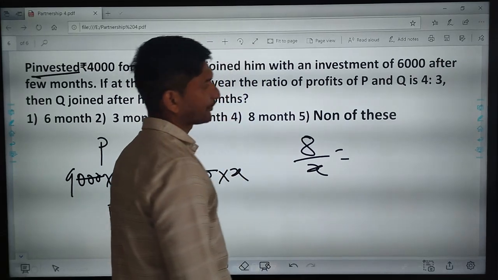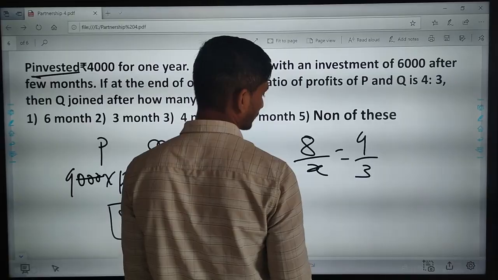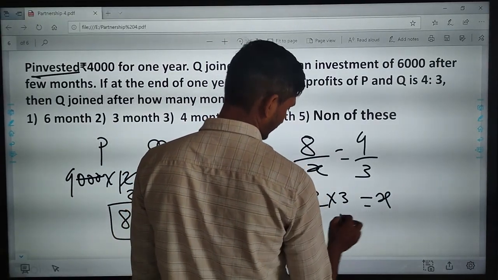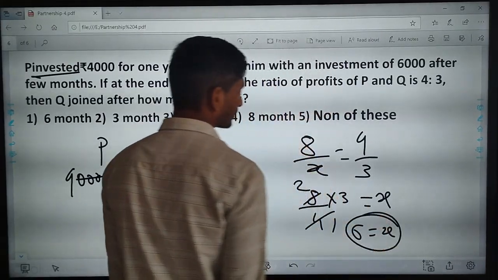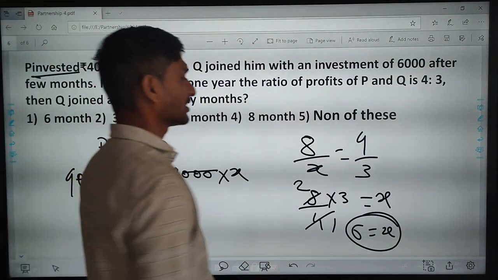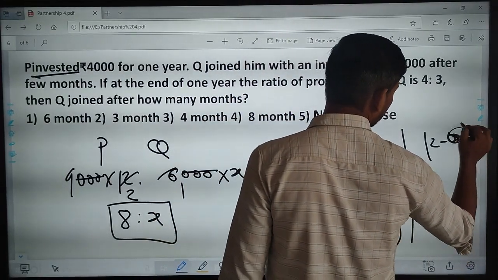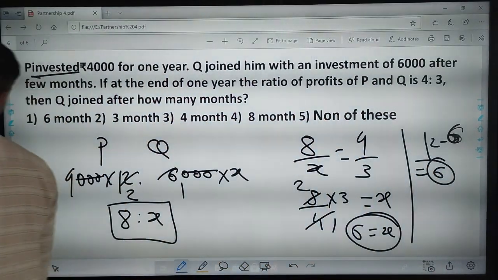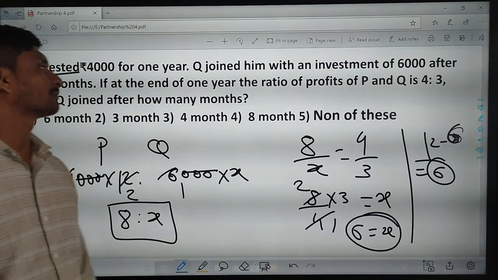Then the ratio of profit of P as to Q is given as 4 as to 3. Now we write 8 upon 4 into 3 is equal to x. Then x is 6, investment for 6 months. Then 12 minus 6 months, Q joined P after 6 months.